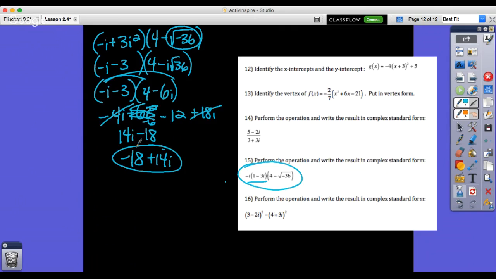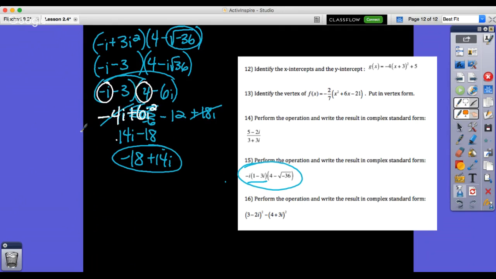Alex, you want me to back up? Yeah, can you back up? I think I got ahead of myself. Can you go through it again? So you get negative 4i, right? Let me do this in a different color. Oh, I forgot to write that down. I didn't realize that i in front was negative.